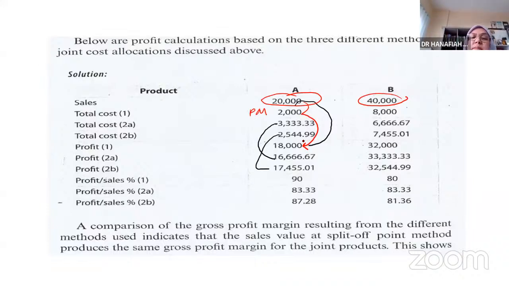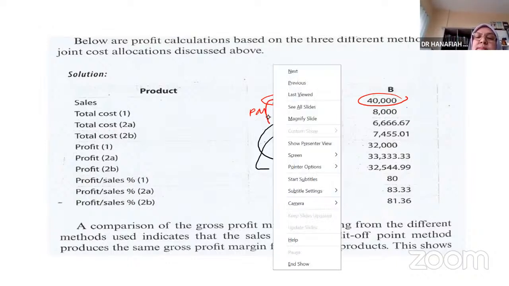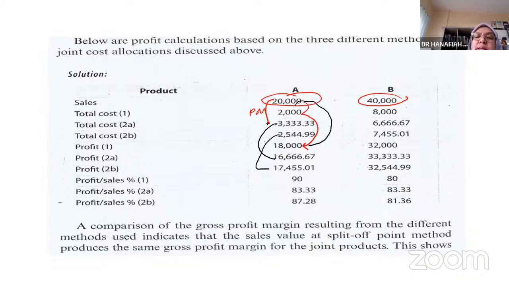But if you use sales value, you will have 20 minus 3, and you will get 16,666, which is slightly lower.